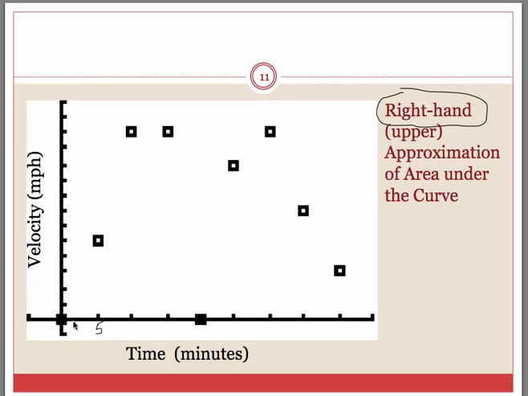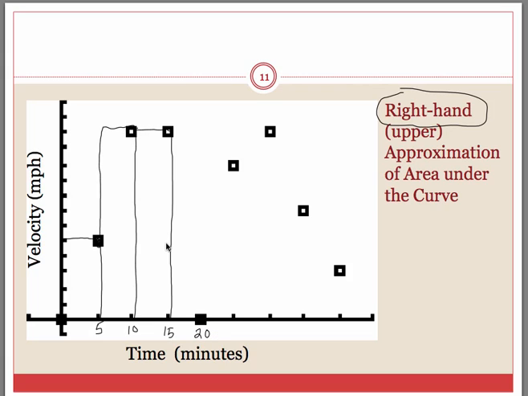So now the first rectangle going from 0 to 5 minutes, we need to align it with this point right here. So it's the upper right corner. So 5 to 10 minutes, now we're hitting this one up here. 10 to 15.